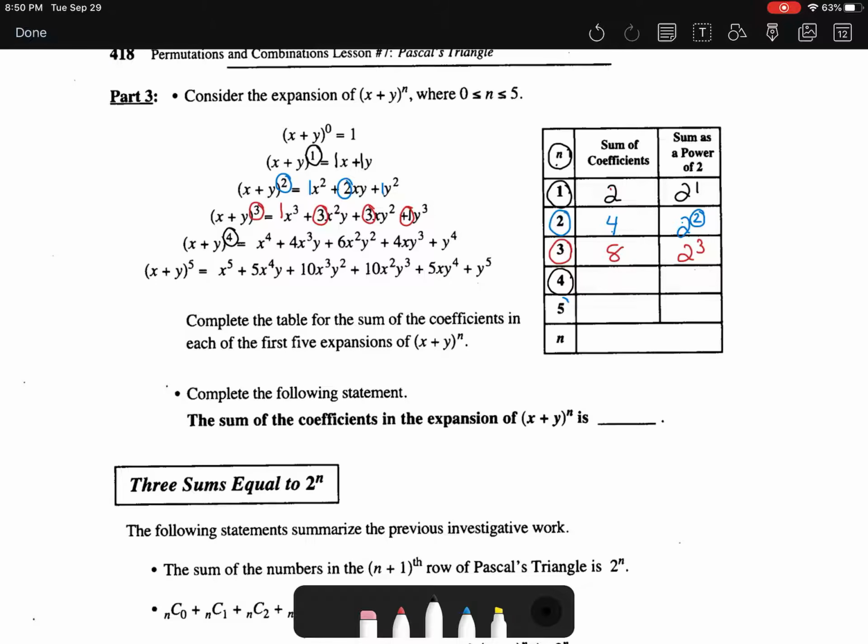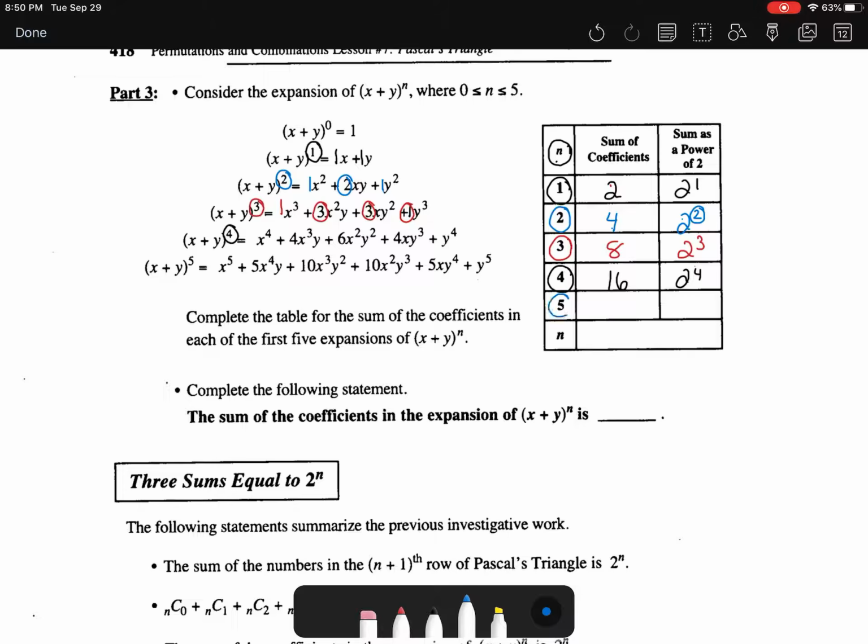Add up the coefficients there, and you're going to find that it is 16, 2 to the exponent of 4. And when n is 5, this is going to be 32 because that is equivalent to 2 to the exponent of 5. So right here, the sum of the coefficients in the expansion of x plus y to the exponent of n is just 2 to the n.